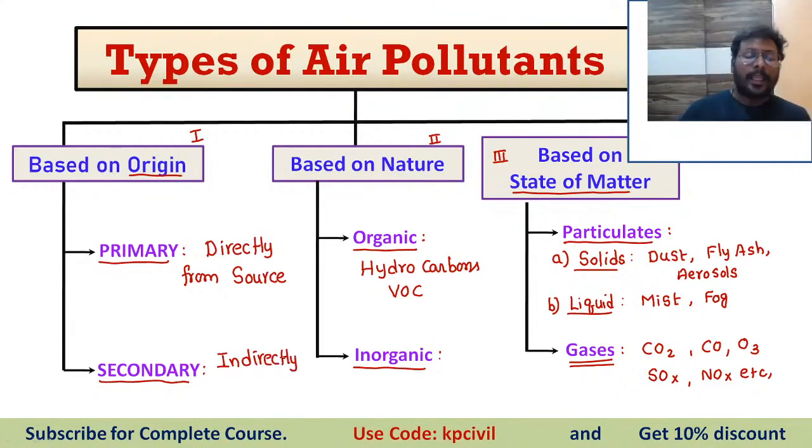So a primary air pollutant is the air pollutant released directly from the source, and in the same original chemical form it causes air pollution, causing adverse effects to human life. It is not at all modified, not changing its structure or chemical composition. In its original form, directly as released from the source, it causes air pollution. That is primary. For example, I will give the best example.